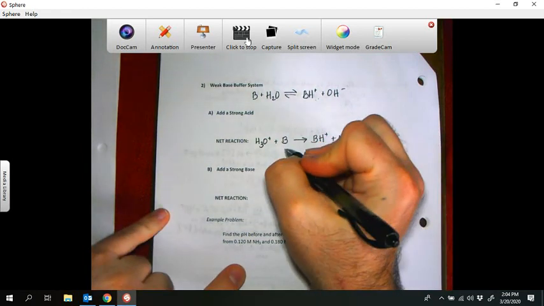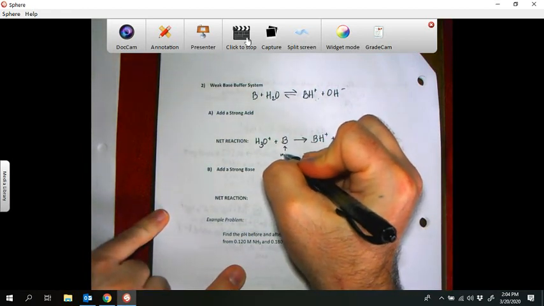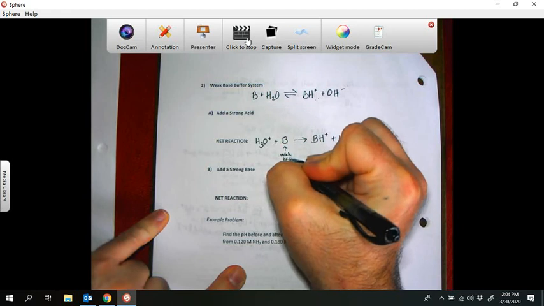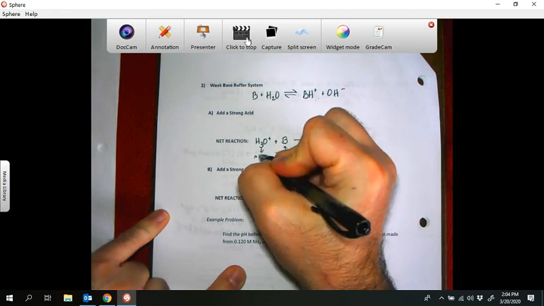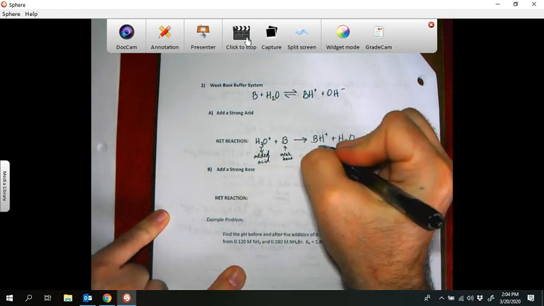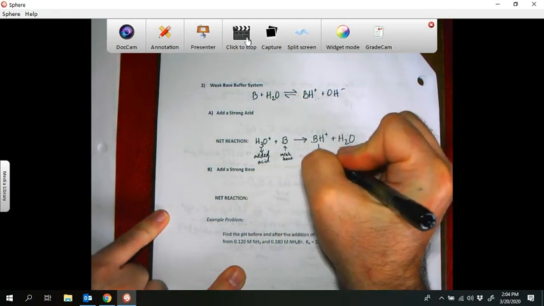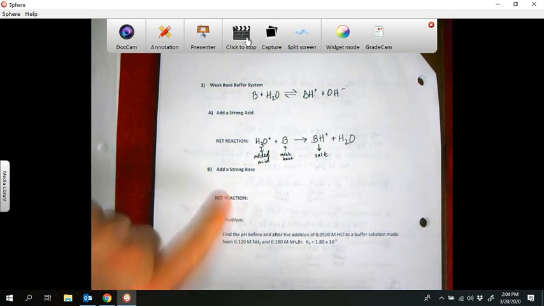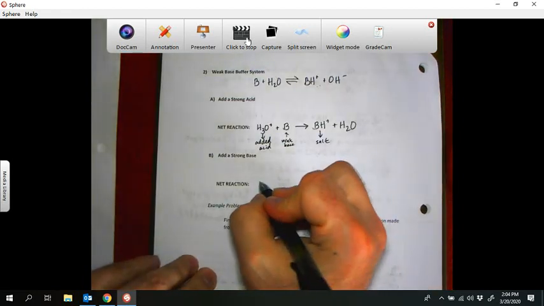So this right here is our weak base. This is our added acid. This is our salt. We add a strong base. Here is our net reaction.